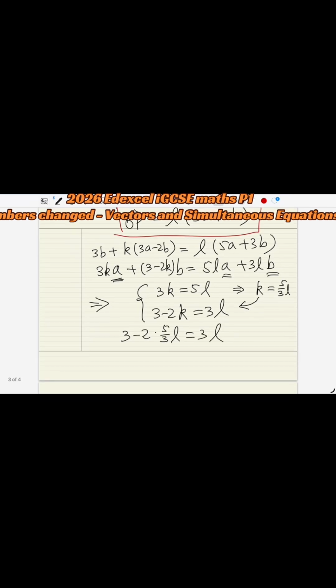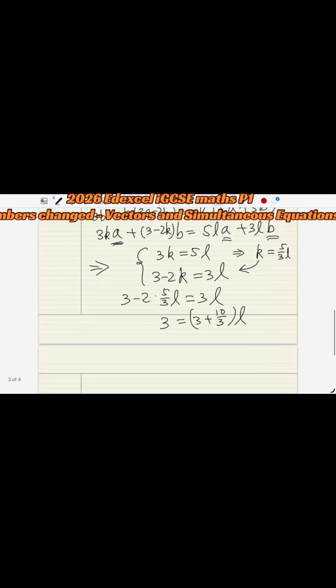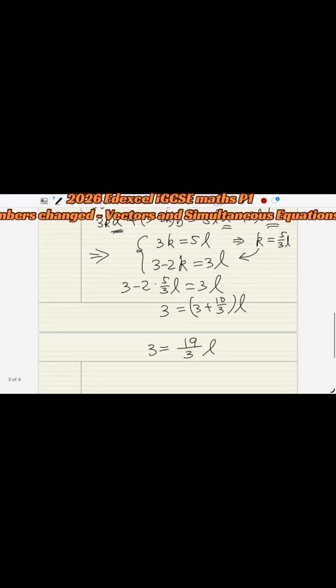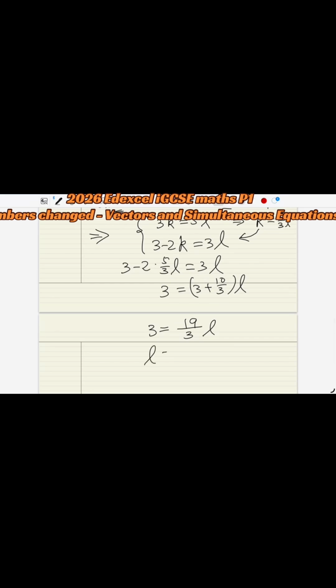Continuing to solve this equation with a single variable, we get 3 equals 3l plus 10 over 3 l, so 3 equals 19 over 3 l. Then l can be easily calculated.